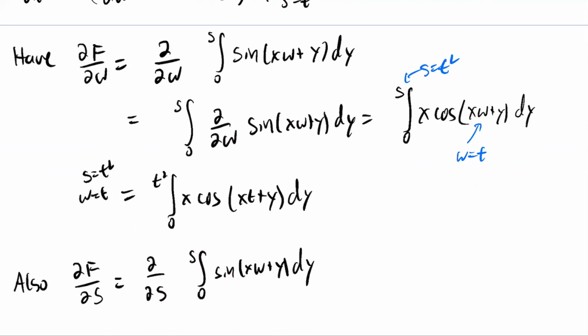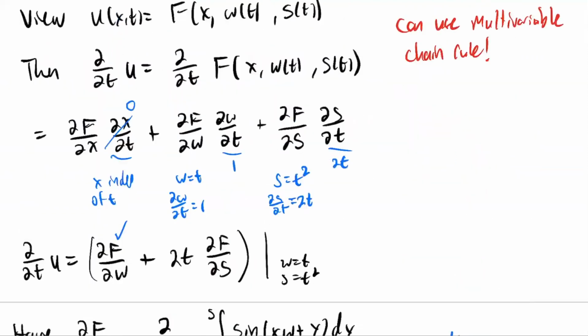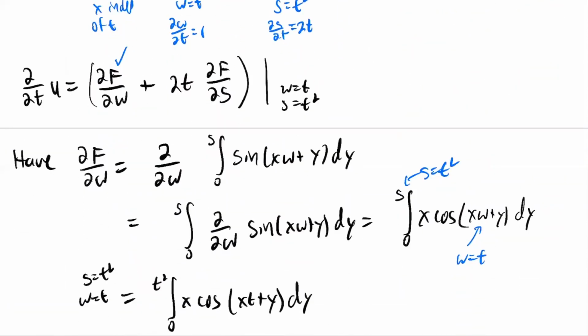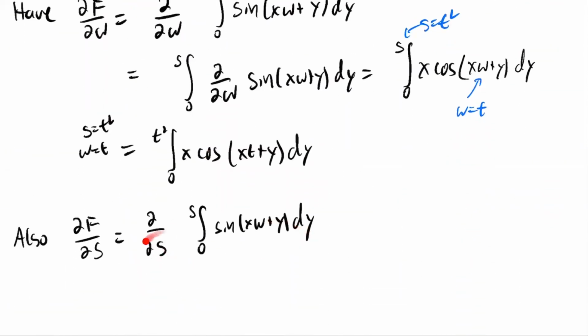We couldn't use it up here earlier, as I mentioned, but since we've relabeled things in this way, and now we're differentiating only with respect to the variable that's in the domain of integration, we can use the fundamental theorem of calculus. And so this is equal to sine of xw plus s.